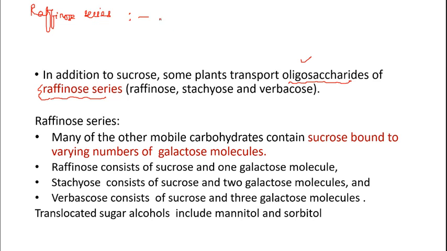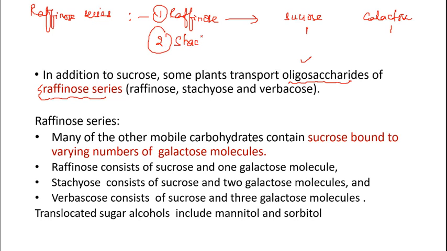Under the raffinose series, number one is raffinose. What does raffinose contain? One sucrose and one galactose. Next is stachyose, which contains one sucrose and two galactose.